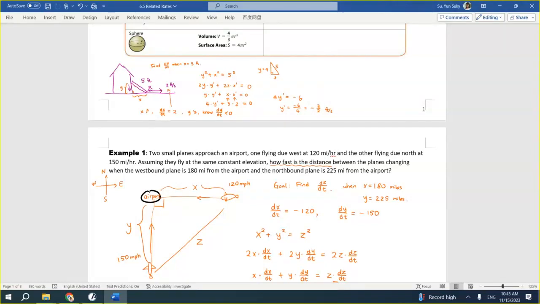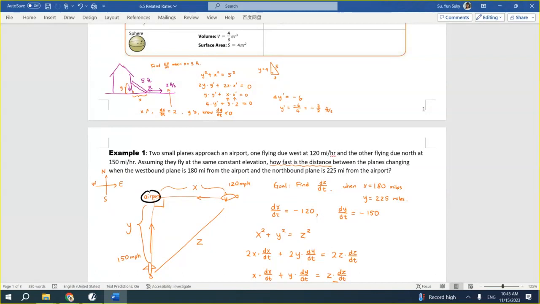Don't call it z. Because if you call it z when you differentiate, what happens? It's 2z dz dt. And this is 5. It's not changing. You can also do that, but your dz dt will be 0 because your z is not changing. Right, everybody?